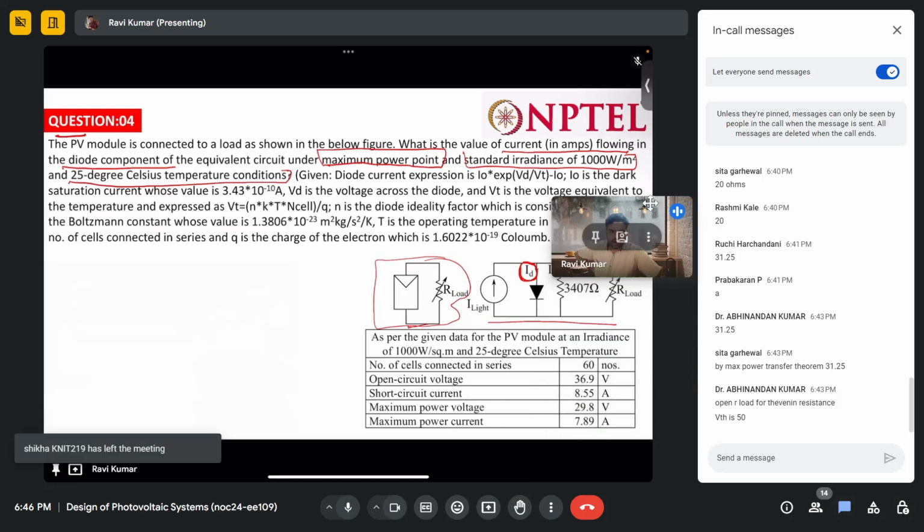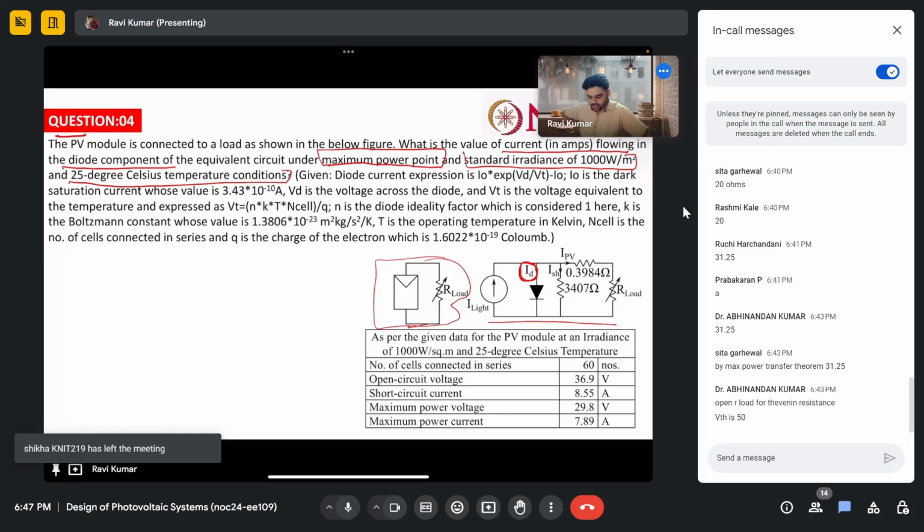The other part of the question just gives the values. This is the formula for current across the diode. I naught is the dark saturation current whose value is given here. In this formula we have VD, the voltage across the diode. VT is the voltage equivalent to the temperature, given by this formula. In this formula, N is the ideality factor, which is 1 here.